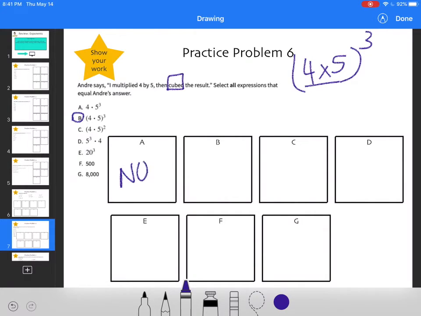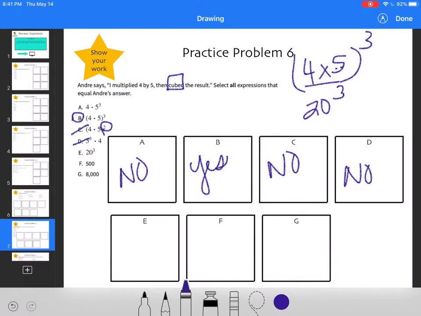A does not work because they're cubing the 3, not the 4. B is a yes. This is squaring it, so that would be a no. That's cubing just the 3, or just the 5. So D is a no. 20. So 4 times 5 is 20 to the third power, so that would be a yes.